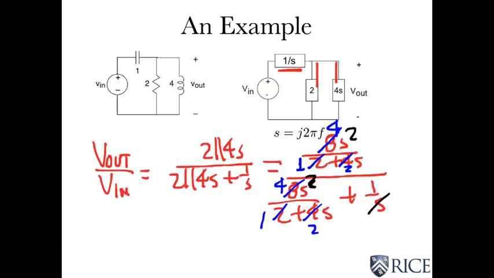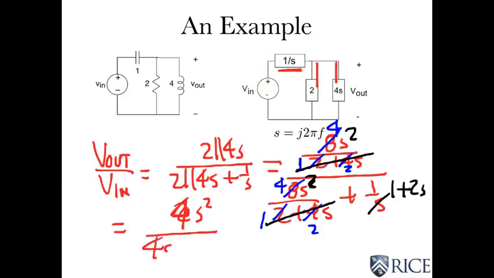And I'm going to multiply top and bottom by 1 plus 2s, which gets rid of it down there and up there, and this becomes 1 plus 2s. I know you can't read that. It's very difficult to read, so let me write it for you. It's 4s squared divided by 4s squared plus 1 plus 2s.